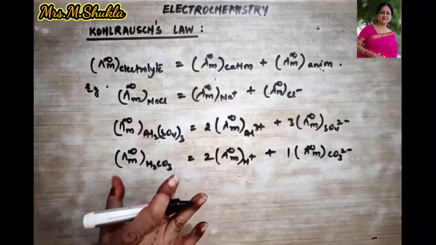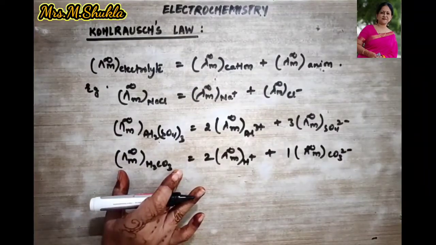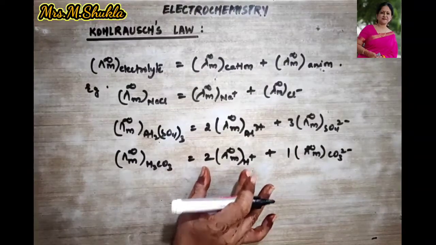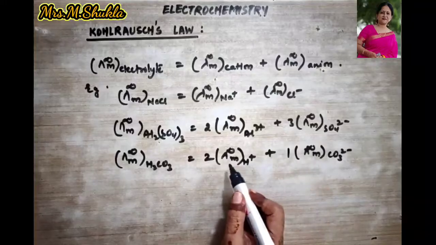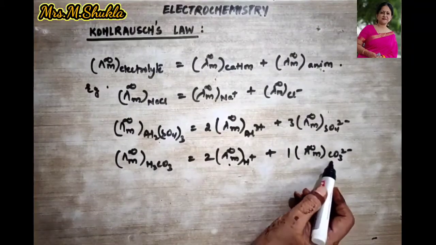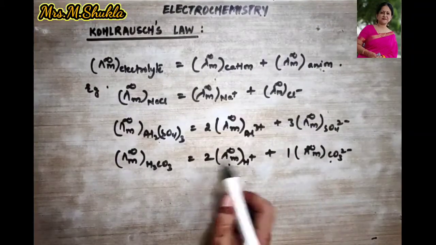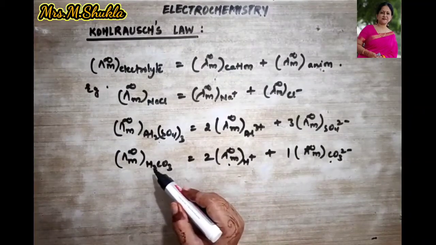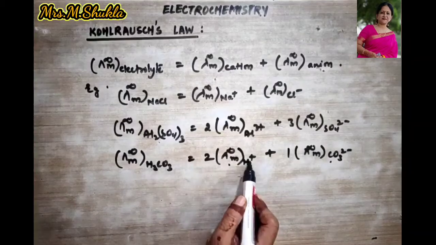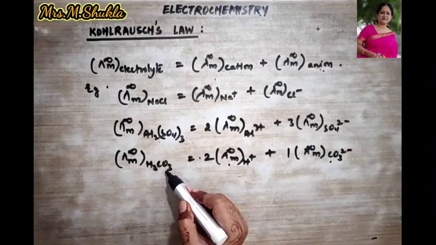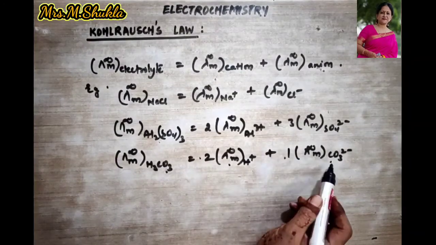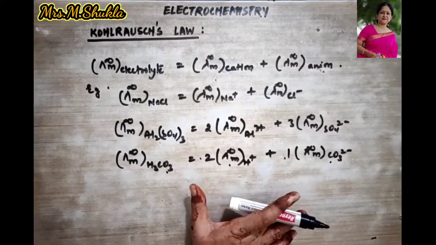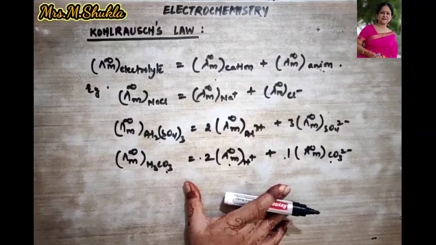So once again, the molar conductivity of an electrolyte at infinite dilution is equal to the sum of the ionizable cations and ionizable anions, and each conductance is multiplied by the number of units present in the electrolyte. Over here H2 units are there, so hydrogen ions are 2, carbonate is 1 ion. I hope till here it's very clear.